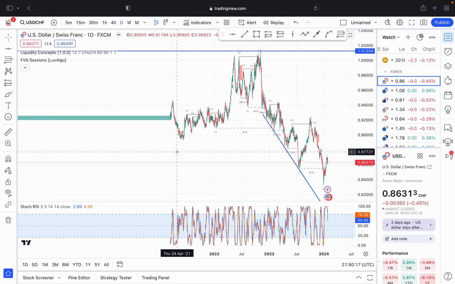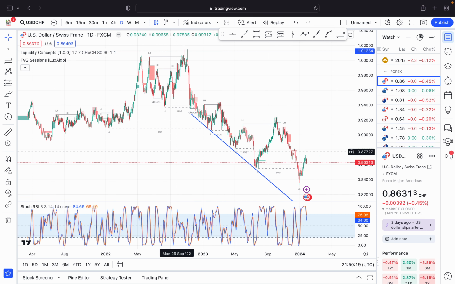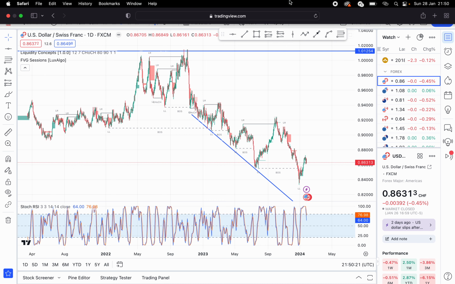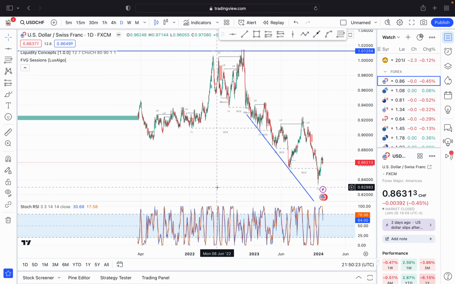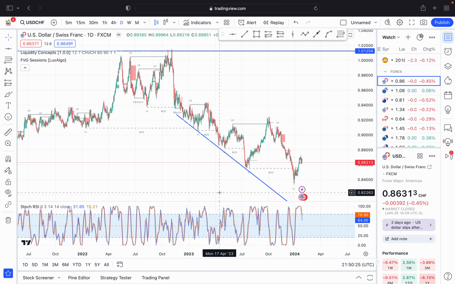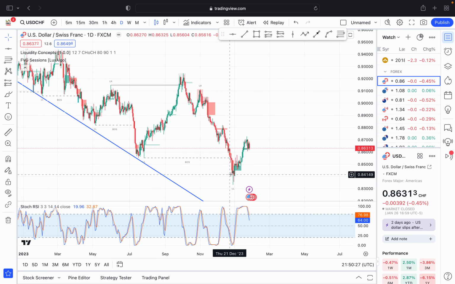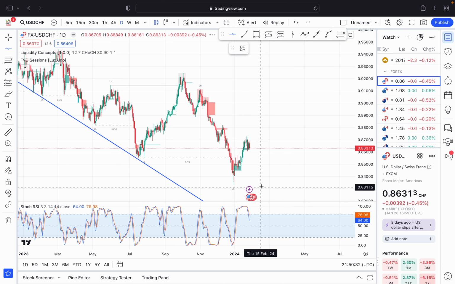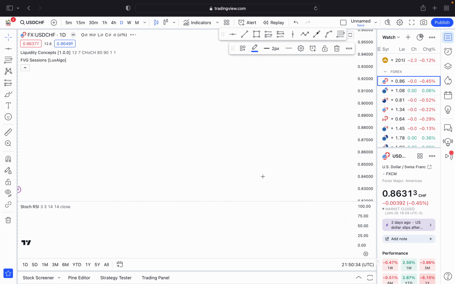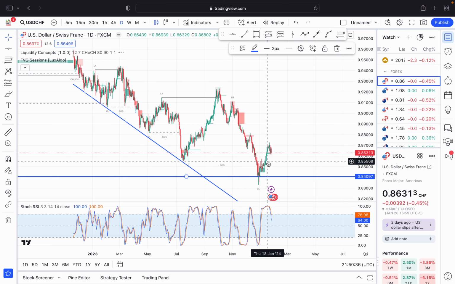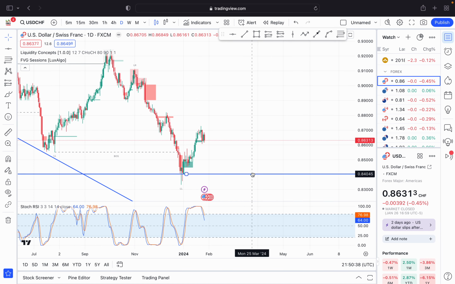Just let it load up. Right, I'm going to go from this level actually with this, because this is the daily, so it's not too recent.